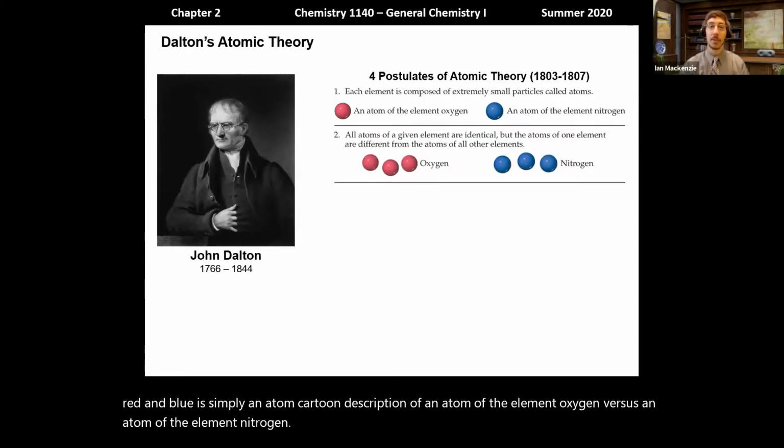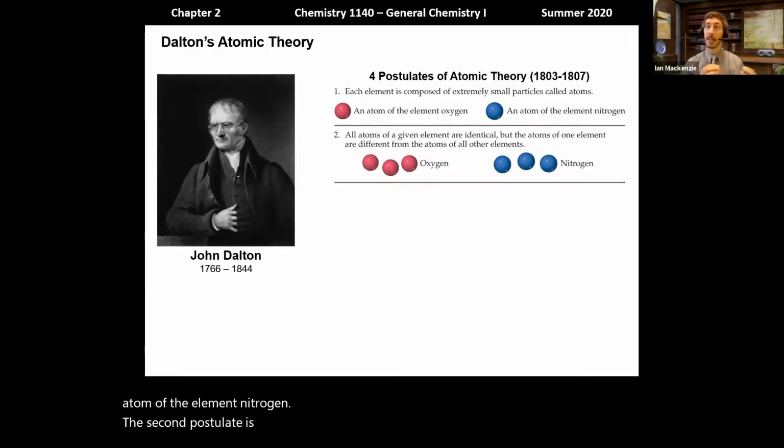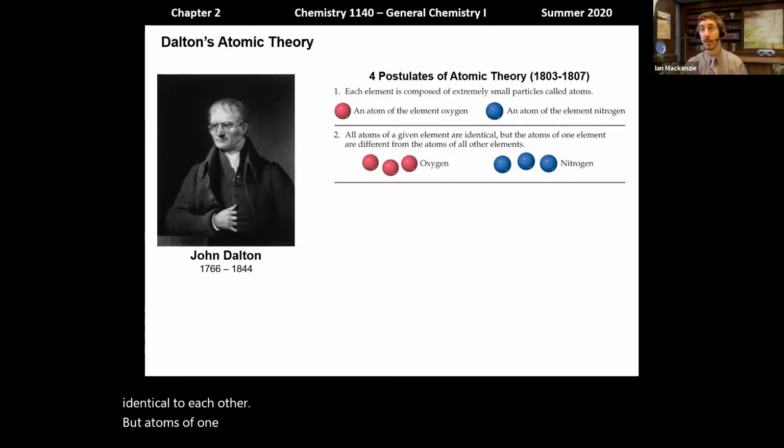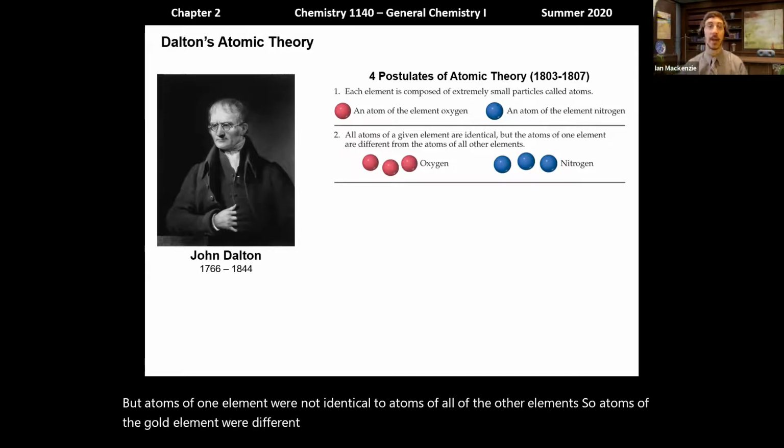Now, the second postulate is that all of the atoms in a given element, such as copper or gold, were identical to each other. But atoms of one element were not identical to atoms of all of the other elements. So atoms of the gold element were different from atoms of the copper element. Atoms of the oxygen element were different from the atoms of the nitrogen element.